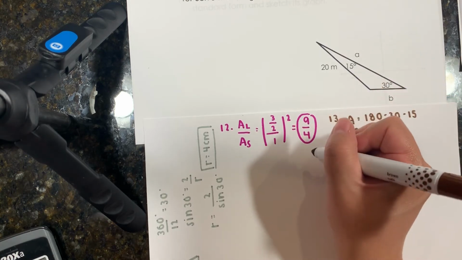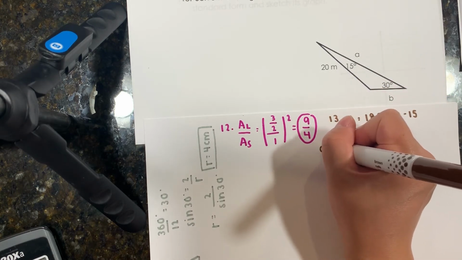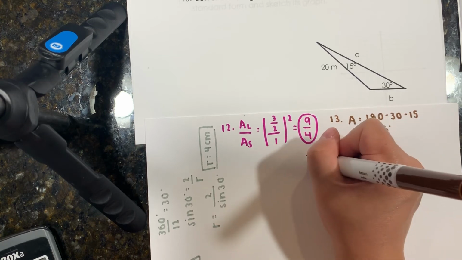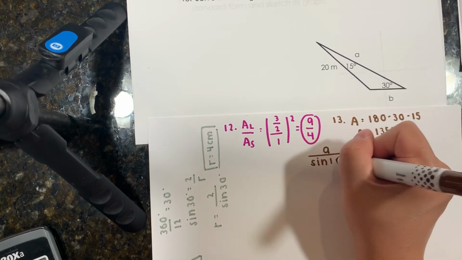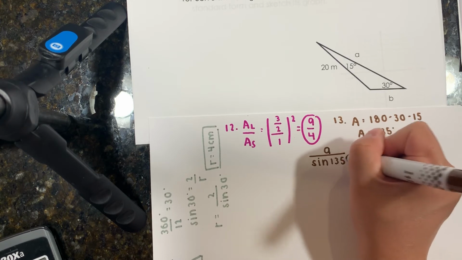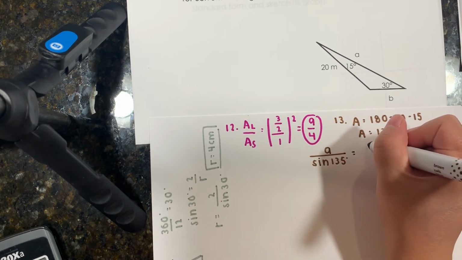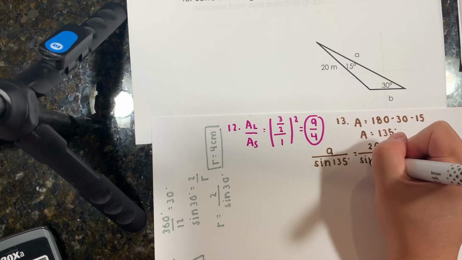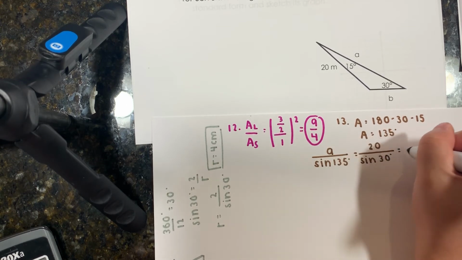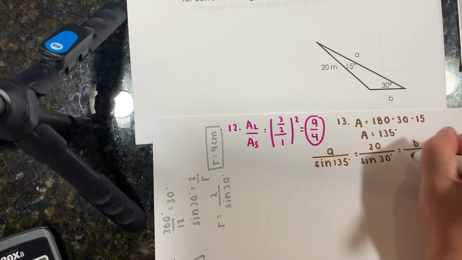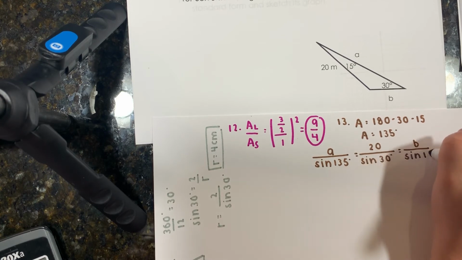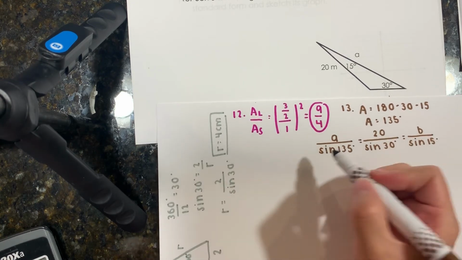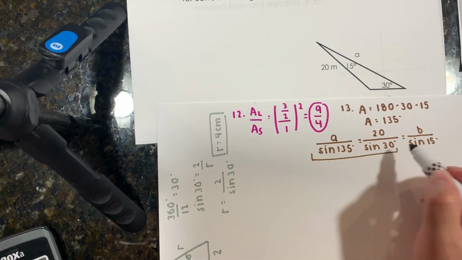So for number 13, I'm going to have a over the sine of 135 equals 20 over the sine of 30 equals b over the sine of 15. I'm going to start by cross multiplying the first two.